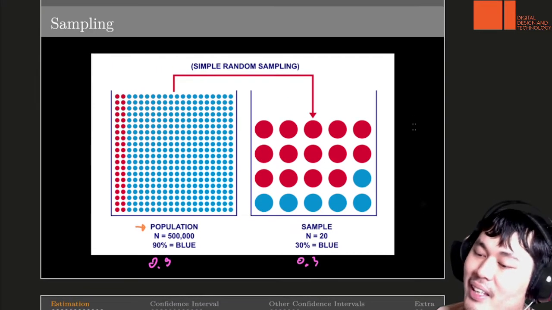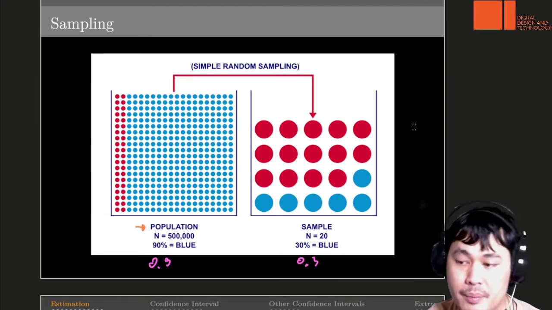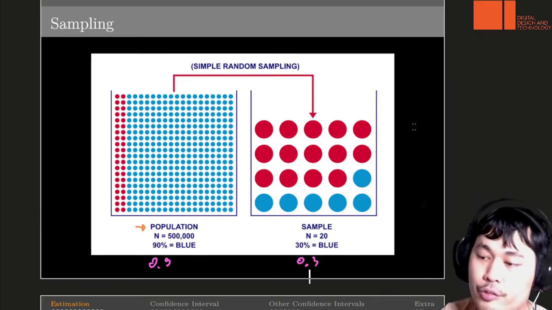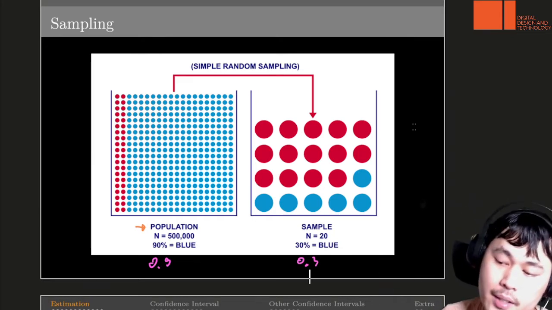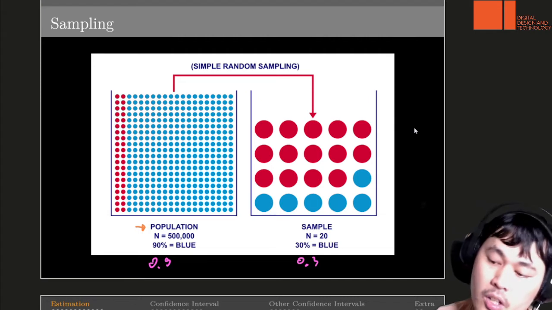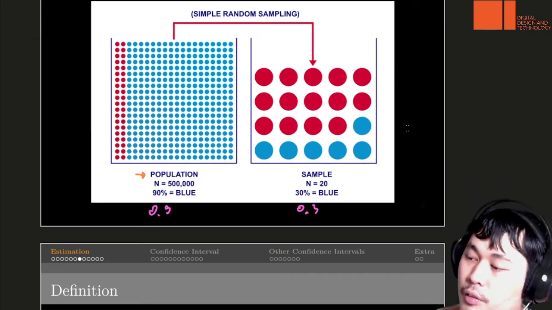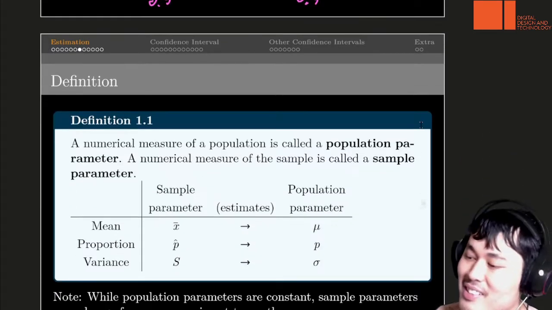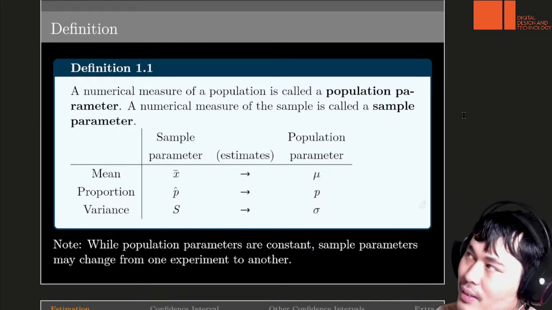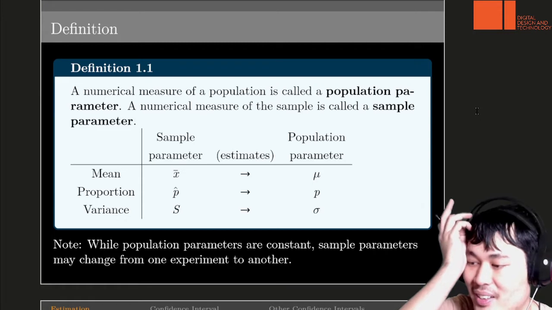And they both represent the same concept, which is the ratio of the blue balls compared to the whole box or the whole population. So to make sure that we don't confuse ourselves which is which, we create some new parameters or some new symbols.